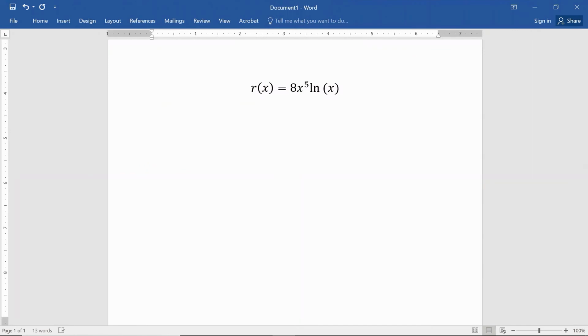Okay, we won't be as explicit on the second problem. We take the first expression that I see there, 8x to the fifth, and my second expression is going to be natural log of x.